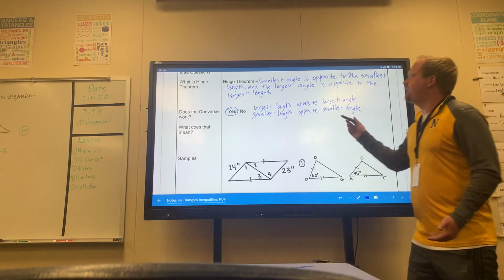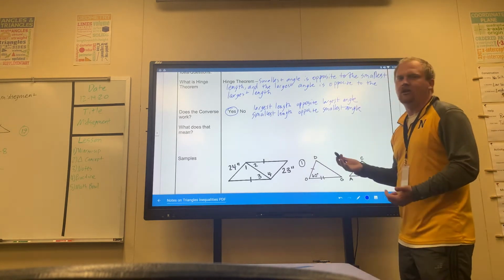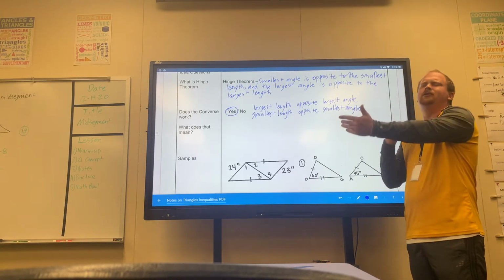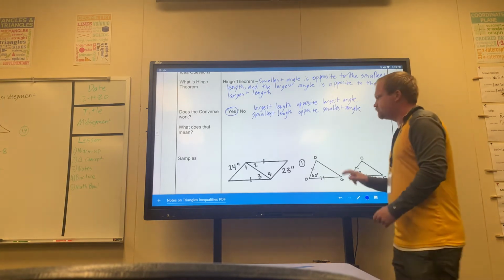And that's what it means. So either way, whether you have the biggest angle or the biggest length, they're going to be opposite each other.